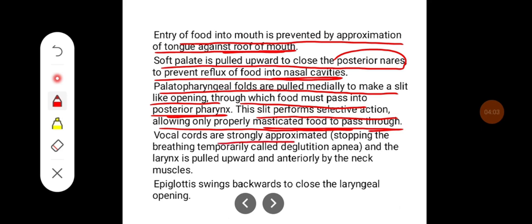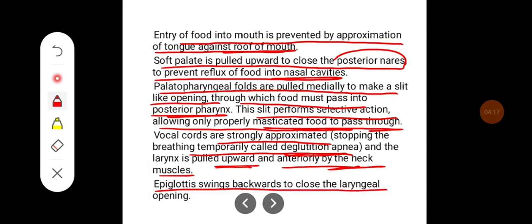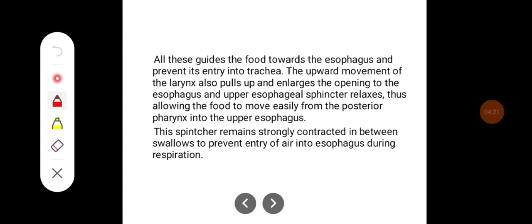Vocal cords are strongly approximated, stopping the breathing temporarily, which is called deglutition apnea, and the larynx is pulled upwards and anteriorly by the neck muscles. The epiglottis swings backward to close the laryngeal opening. All these guide the food towards the esophagus and prevent its entry into the trachea.